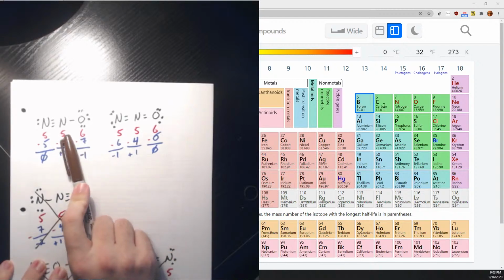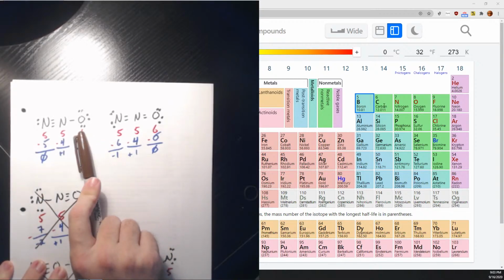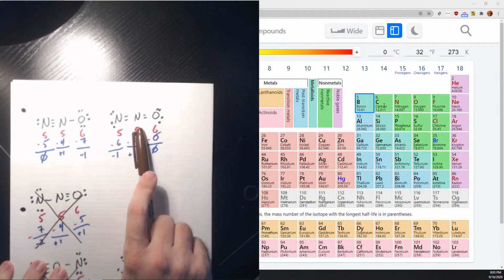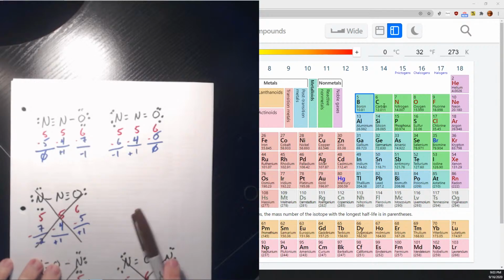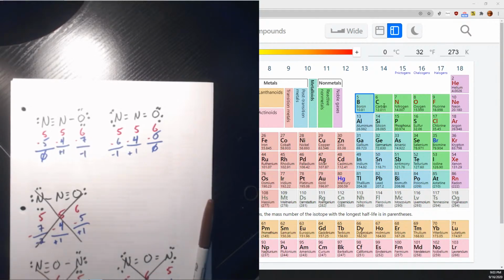All right, so now it comes down to this guy versus this guy. Is it nitrogen triple bound to nitrogen, single bound to oxygen? Or is it nitrogen with a double bond to nitrogen and a double bond to oxygen? Well, that's where the other rule comes in. We want the negative formal charge on the more electronegative element. And remember the rule for electronegativity: the highest electronegativities are over in the upper right-hand corner. Fluorine has the highest electronegativity.